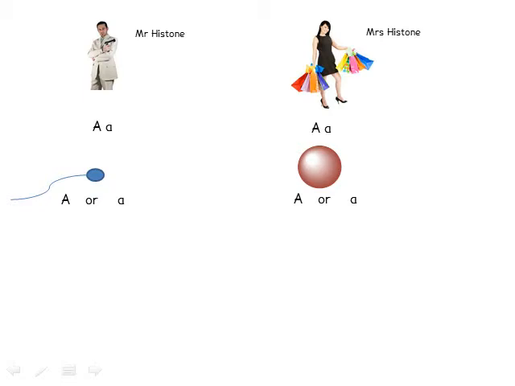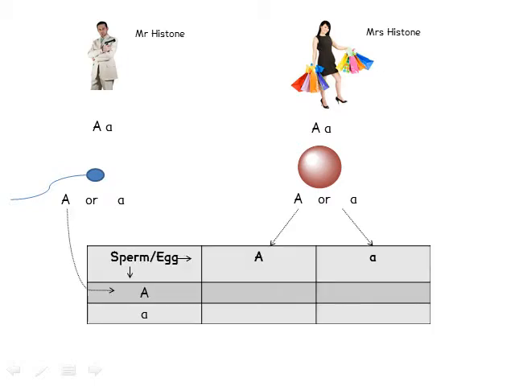We call the sperms and eggs gametes, and we can put these alternative forms of the gametes into a grid like so. This grid is called a Punnett square. And so you can see that if one of Mr. Histone's big A sperm fertilizes one of his wife's big A eggs, you will get a big A child.